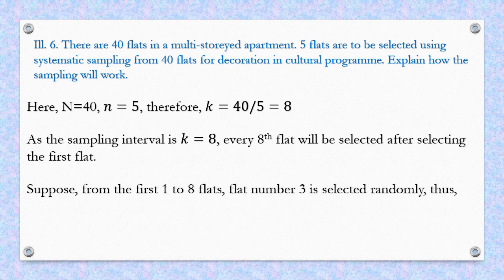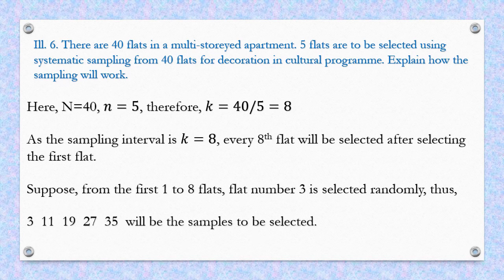So each 8th flat after 3: 3 plus 8 is 11, 11 plus 8 is 19, 19 plus 8 is 27, 27 plus 8 is 35. These 5 flat numbers will be selected for the purpose of decoration.